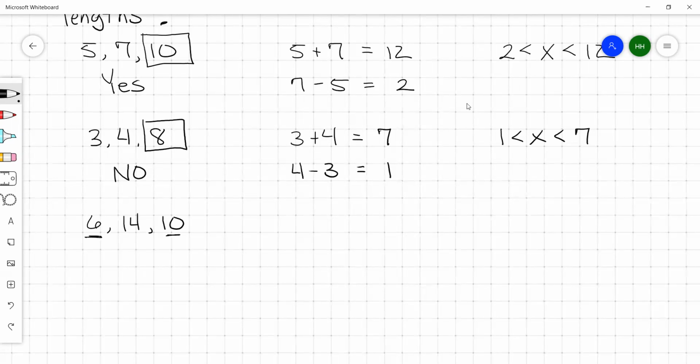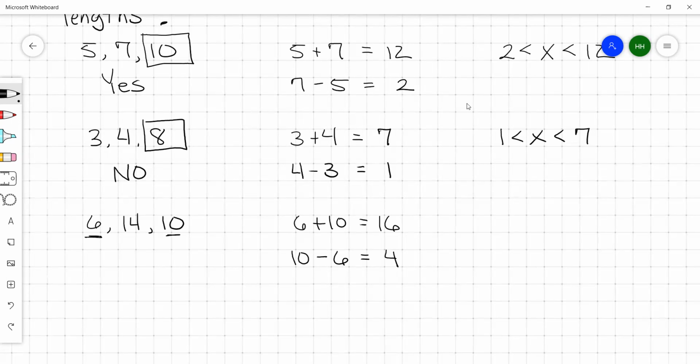All right, so I shouldn't have said anything, but I'm glad I did say something. We're going to go 6 plus 10. And what does that equal? And then we're going to do 10 minus 6, and that equals 4.